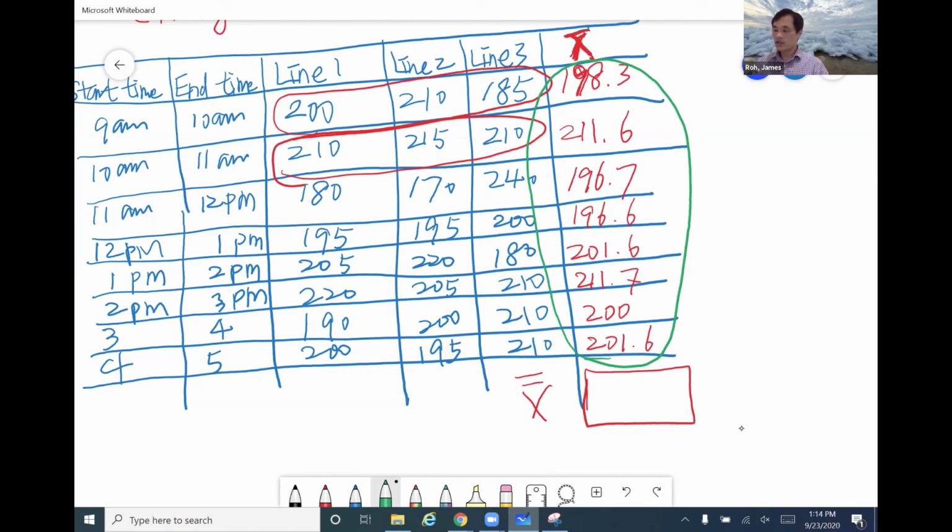Anyone has the answer? Average of these x bars. It's about 202.3. I also got that. Yeah, I got the same thing. 202.3. Okay, so we got, thank you, x double bar is 202.3.